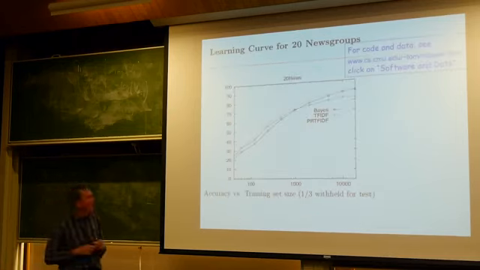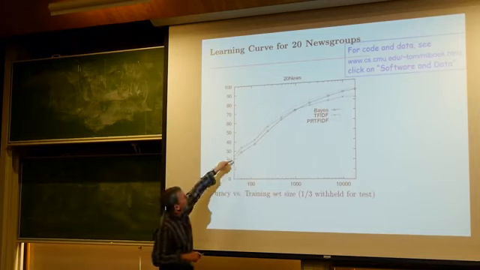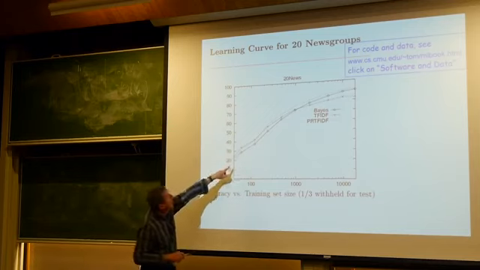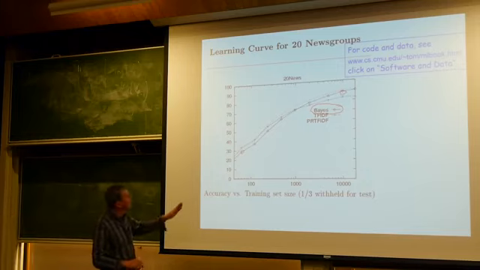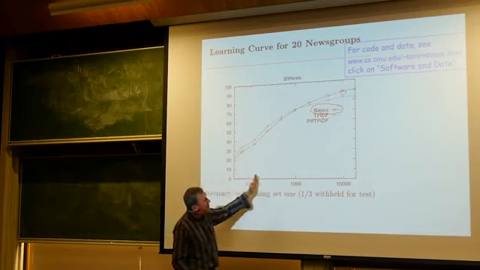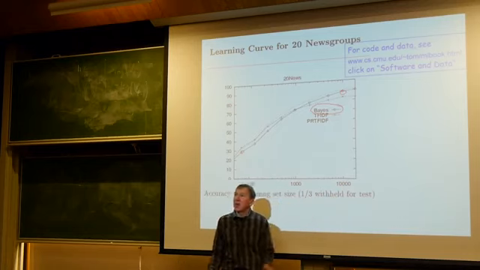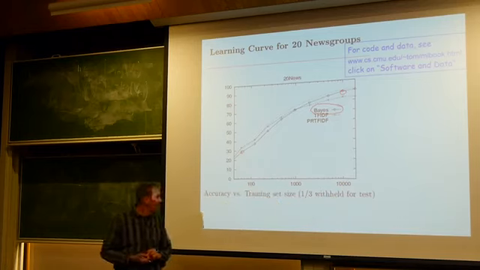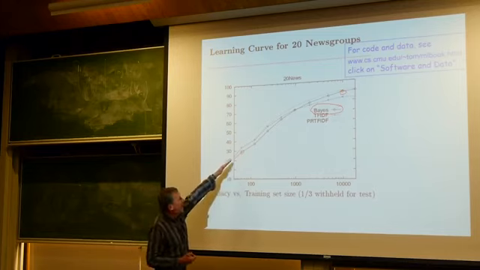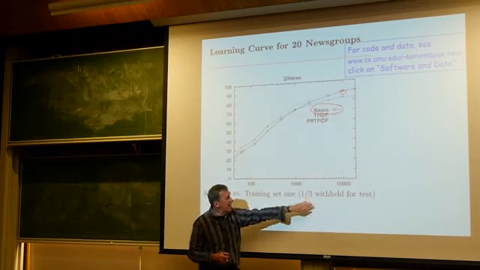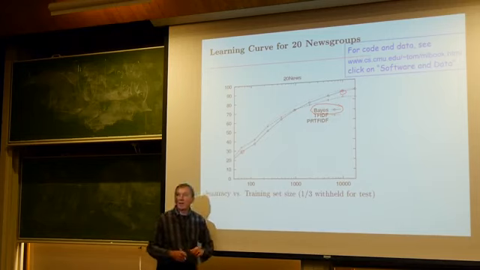In fact, here's a plot showing how that accuracy performs, and we're interested here in the one labeled Bayes, as a function of how many training examples we show it. The test accuracy is based on separate withheld data.